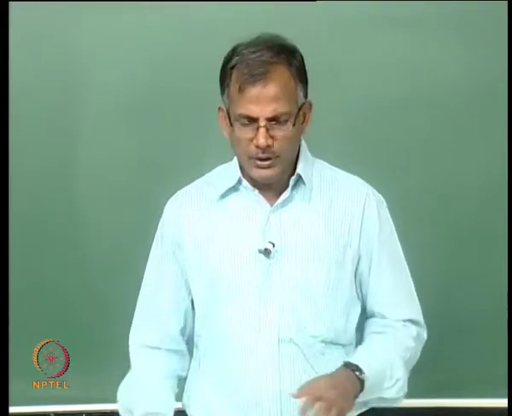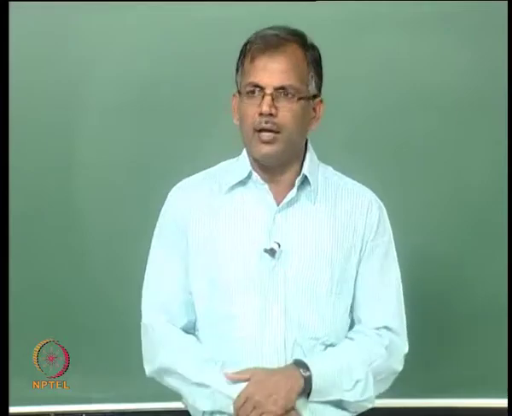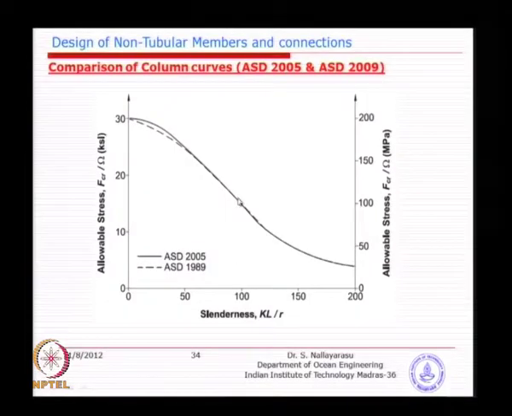So, you can see here, as long as you keep less than 100 KL by R ratio, somewhere around here you will reach typically about 100 megapascal, and if you have a KL by R ratio larger than that, there is a drastic reduction in the allowable stress, which is not very good.